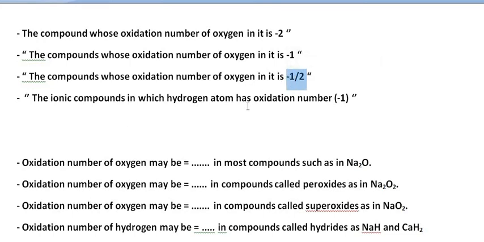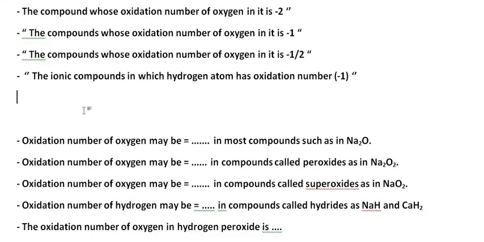In most compounds hydrogen has oxidation number plus 1, but in very rare compounds hydrogen has oxidation number minus 1, and these are called hydrides.